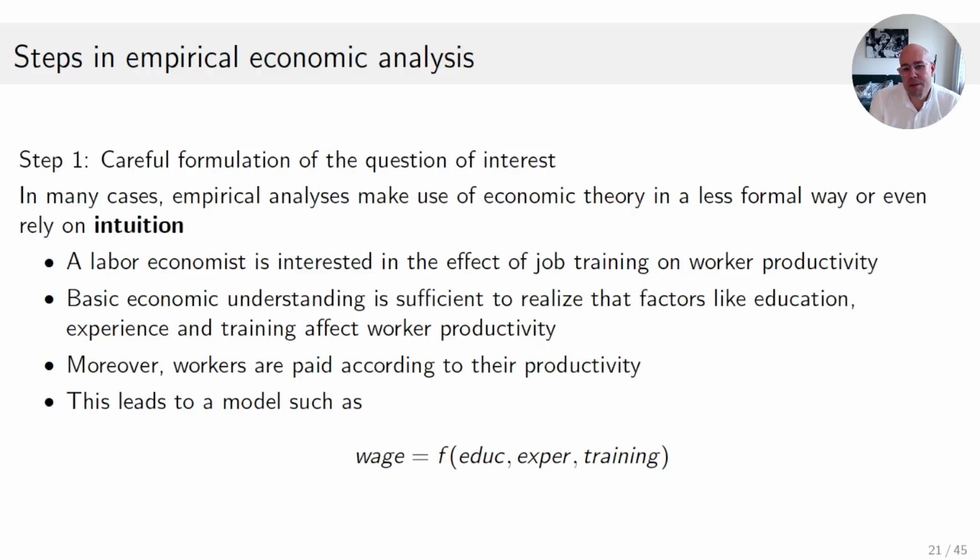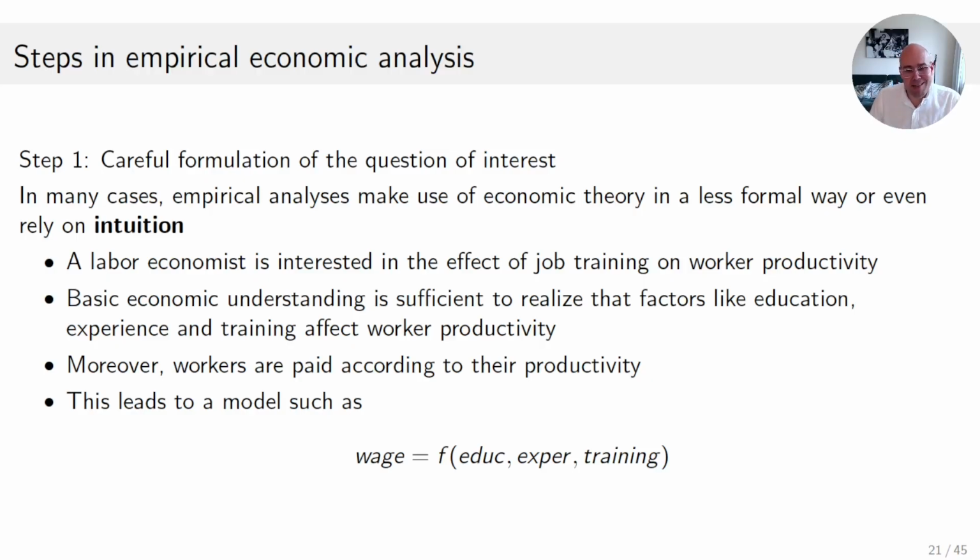So a labor economist is interested in the effect of job training on worker productivity, for instance, and basic economic understanding is sufficient to realize that factors like education, experience, and training affect worker productivity. And as I said before, workers, we can think of them as being paid according to their productivity, so that there is a positive relationship at least.